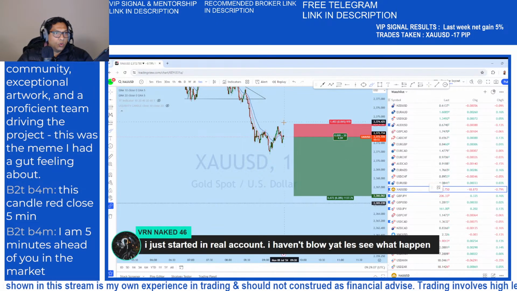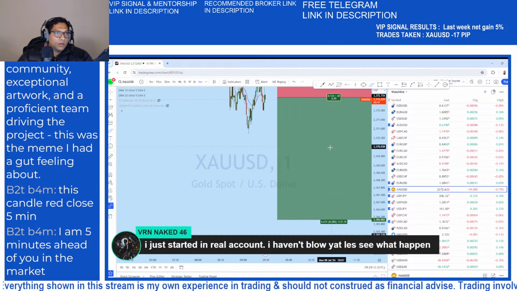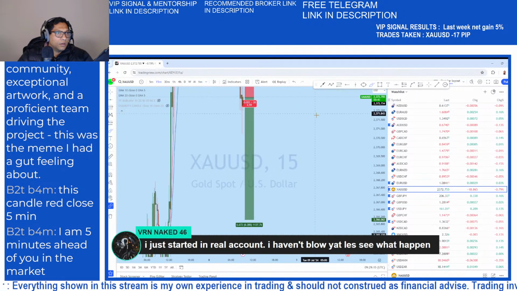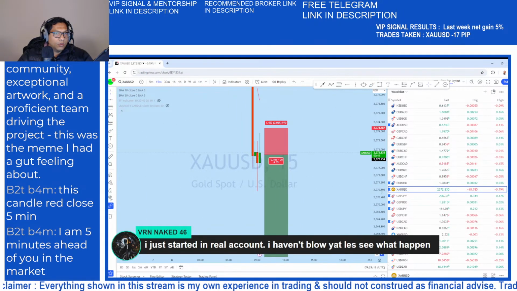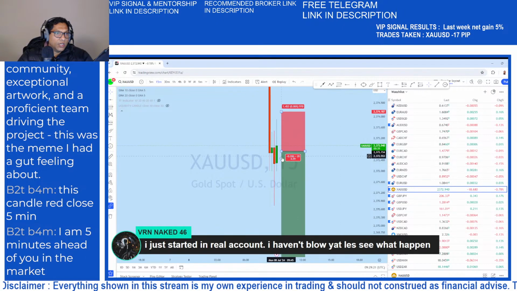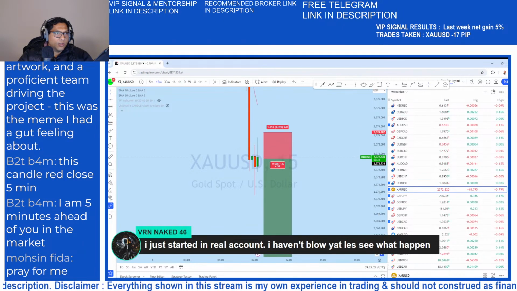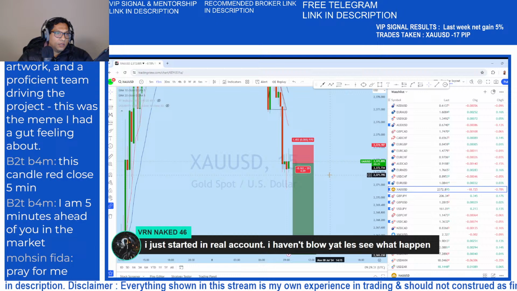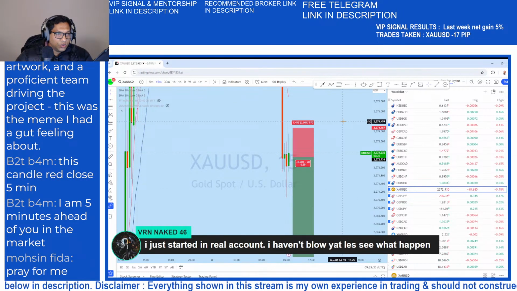We see there is a head and shoulder on the 1 minute as well. I would like to see this candle closing as a narrow doji. If it is closing as a narrow doji, then the bias we should see is downside.